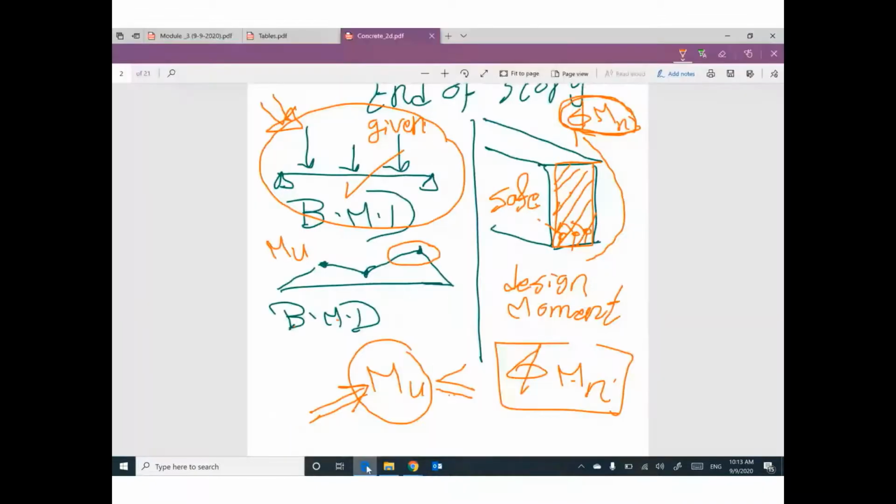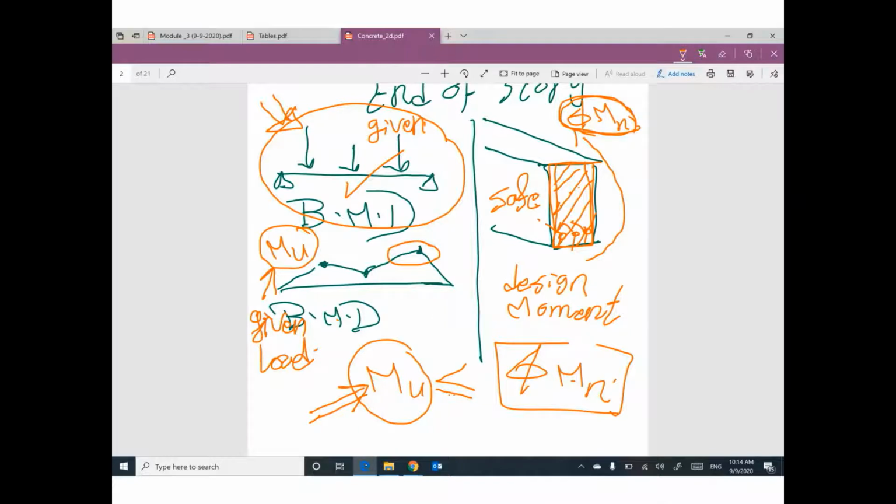Guys, you got it? This is a relationship between this course, concrete design, and our previous course, structure analysis. From structure analysis, we have a moment due to the given load. In our concrete design, we have a moment that can be supported by this cross section and this steel reinforcement.